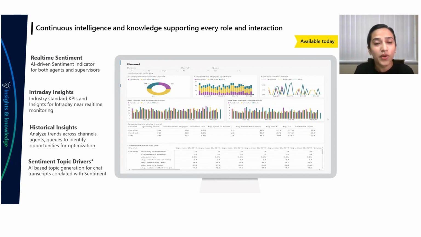Last but not the least, very recently, we have also launched sentiment topic drivers in preview that will automatically suggest the key topic drivers for your conversations by going through all the chat transcripts and correlating that with sentiment to provide you an indication of which topics are trending negative, which topics are trending positive, and so on and so forth. All this is automatically done and is AI based, so your agents don't have to do any kind of manual categorization of chat transcripts with the topics.